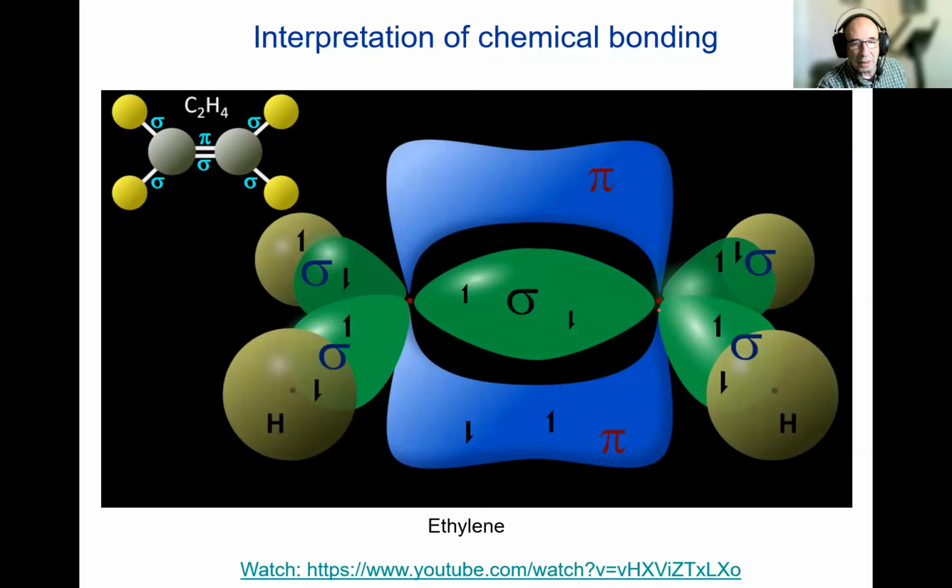These points here are nuclei, and these shapes represent probabilities of finding electrons. So that means that the probability of finding an electron here is 0. The probability of finding an electron between these 2 nuclei is very high, right? So this is the meaning of a bond between atoms.